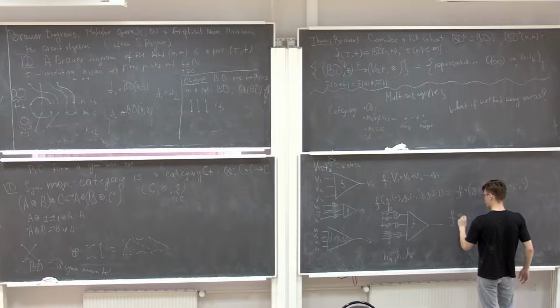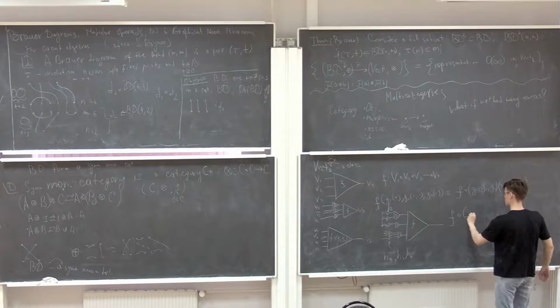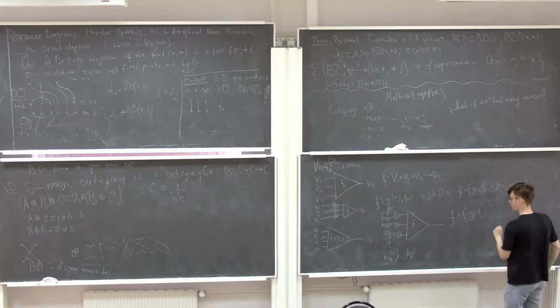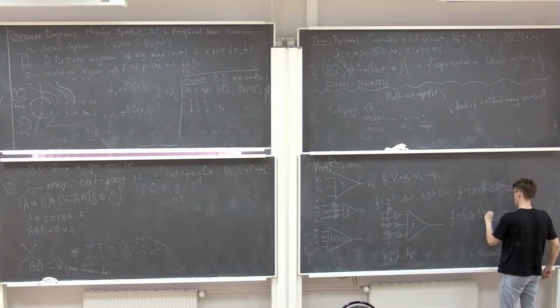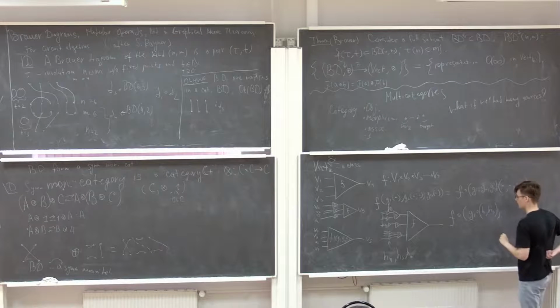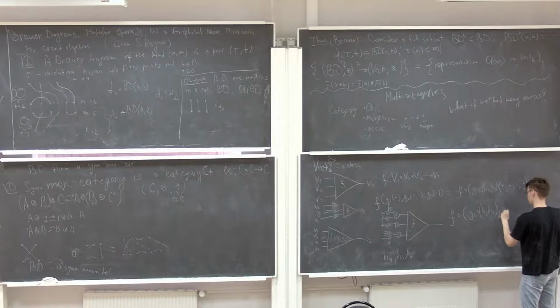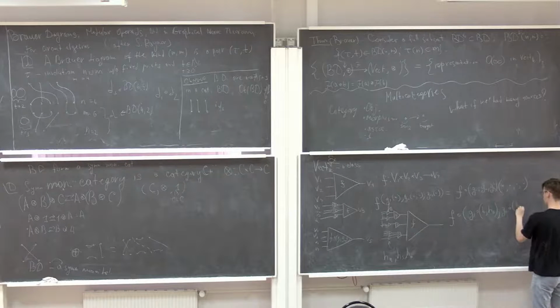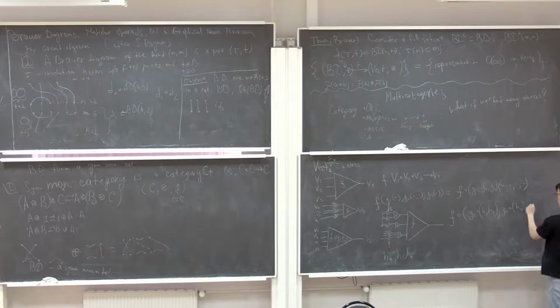It's F composed with G1, which is itself composed with H1 and H2, then G2 composed with H3, and G3 composed with H4, H5, and H6. Right?